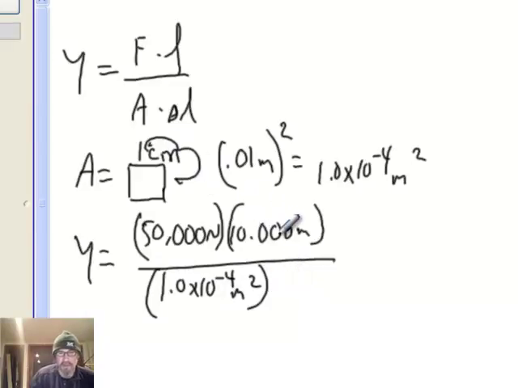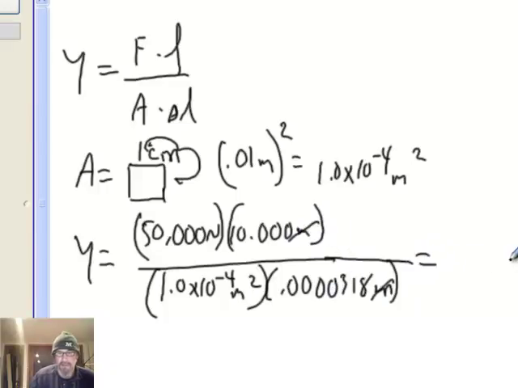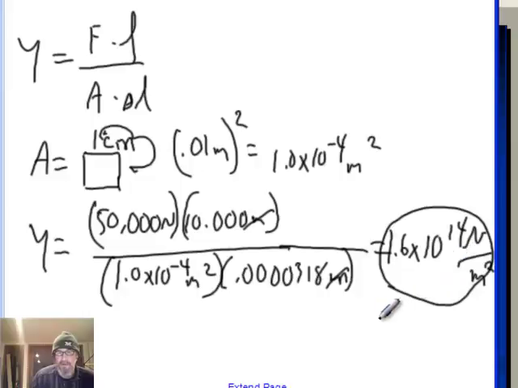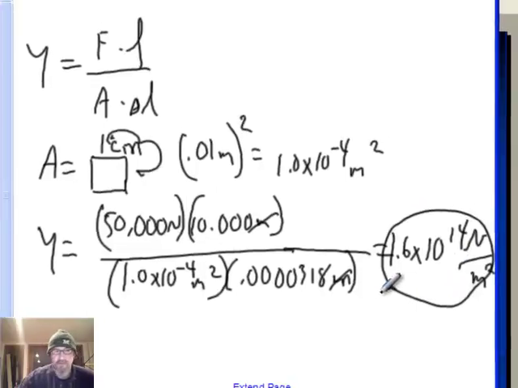Well, it told us that the change in length was 0.0318 millimeters, so that'd be 0.0000318 in meters, which we want to put in here so that our units work out right. And the meters are then going to cancel out, and we'll end up with Young's modulus units of newtons per square meter. The numerical answer here is 1.6 times 10 to the 14th newtons per square meter. Those big numbers are typical of Young's modulus numbers.